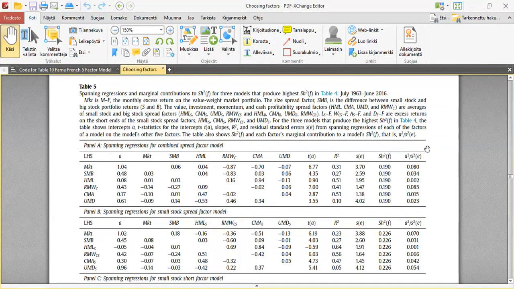And what we see here, from the table description, is each factor's marginal contribution to a model's maximum squared Sharpe ratio, which is the last column here. So we see that the marginal contribution to the model's maximum squared Sharpe ratio is 0.08 units. So if we include this factor here, it increases the maximum squared Sharpe ratio.